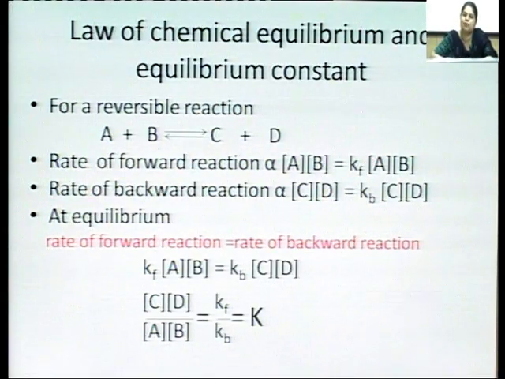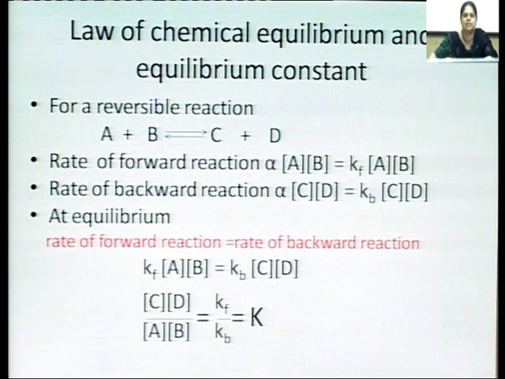Now, as we have already discussed, at equilibrium the two rates, that means the rate for the forward reaction and the rate for the backward reaction, become equal. If we equate the two expressions, we arrive at Kf into [A] into [B] equal to Kb, the rate constant for the backward reaction, into [C] into [D].